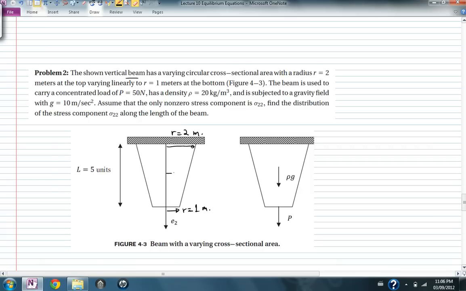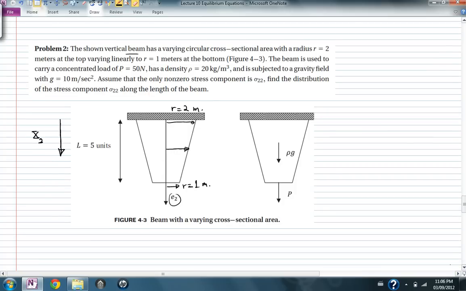Linearly means, if this is x2, then we can find r at a distance x2.